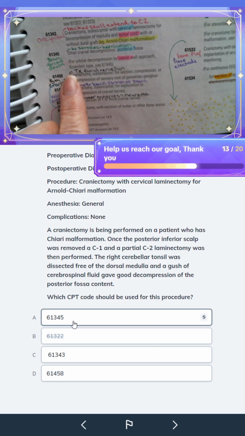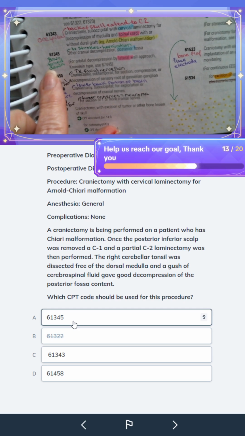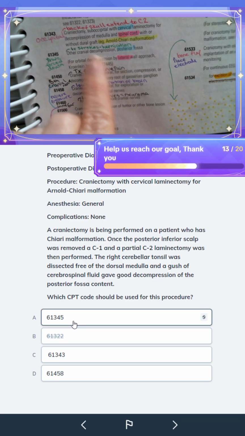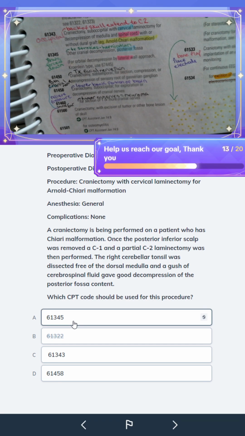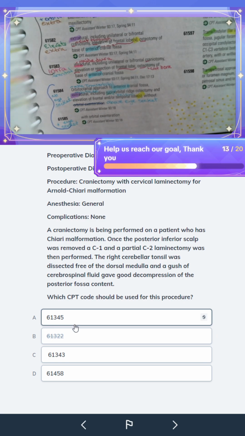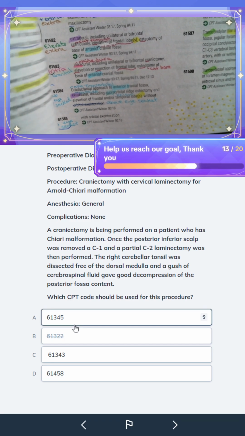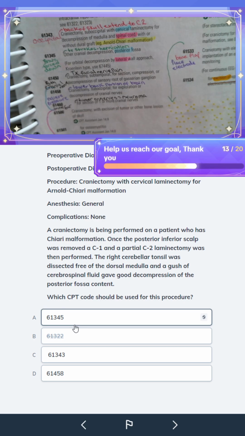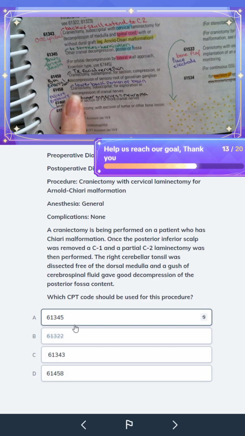We're back of the skull, and we've got a herniation of the brain if it's 45. We go to our 514, 58.